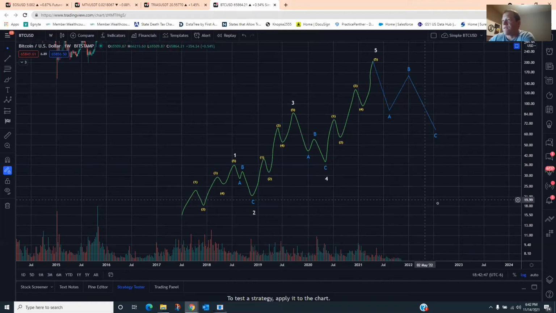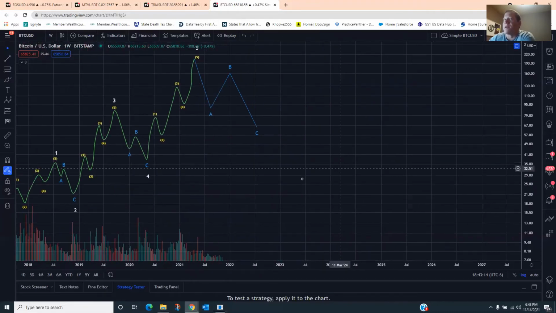So every single subwave is comprised of basically 3 impulses up and then 2 corrective waves down. And again, I'm saying up and down right now, which again, it's not always up and it's not always down. Your motive and your impulse waves are in the direction of the trend.